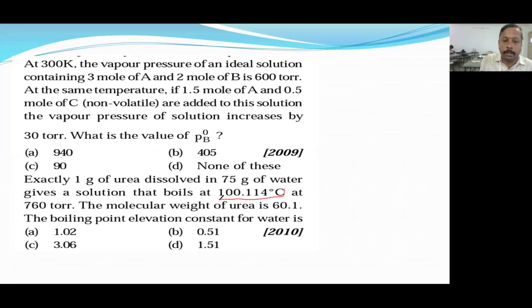This is TB of the solution, at 760 torr, which is 1 atm only. So once it is 760 torr only, 1 atm only, you can take 100 degrees as the boiling point. Molecular weight of urea you can take as 60.1, then the boiling point elevation constant KB is the question mark.